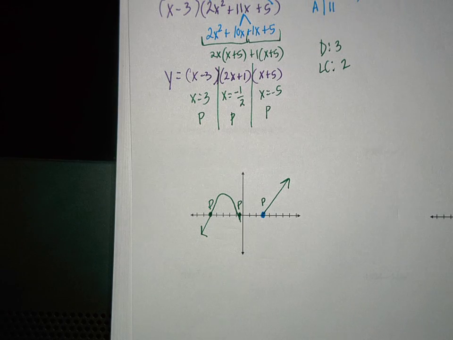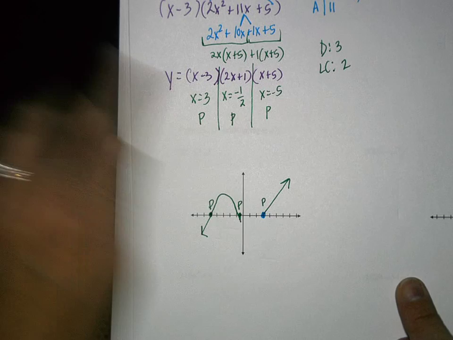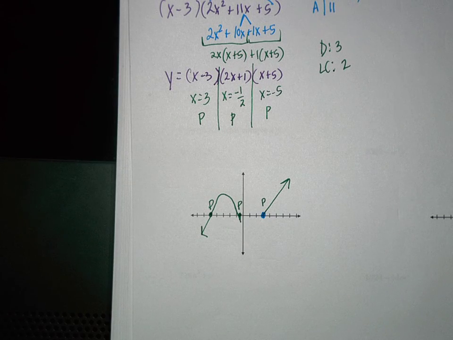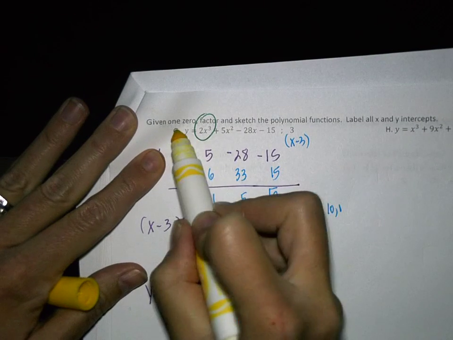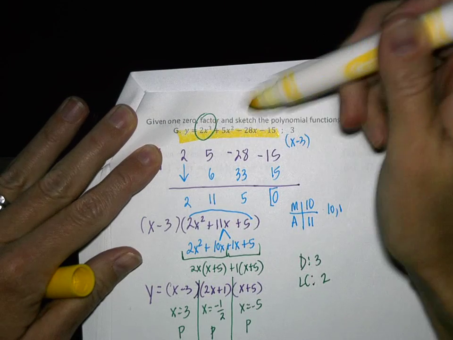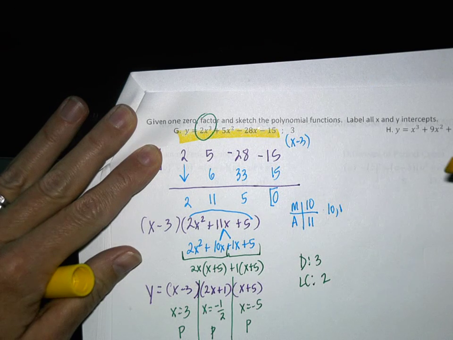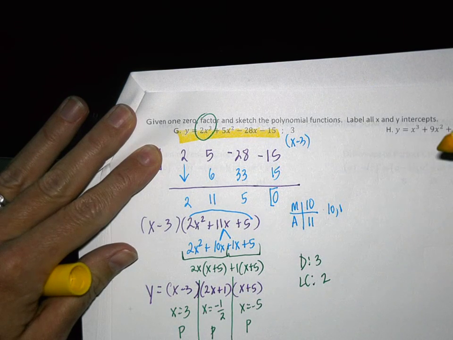How do I find my y-intercept? Plug in 0 for x. Now, you can plug in 0 for x here and solve, but what is way easier? The original equation. If we go back here to the original equation, anything that has an x becomes a 0, correct? And so what would my y-intercept be? Negative 15.